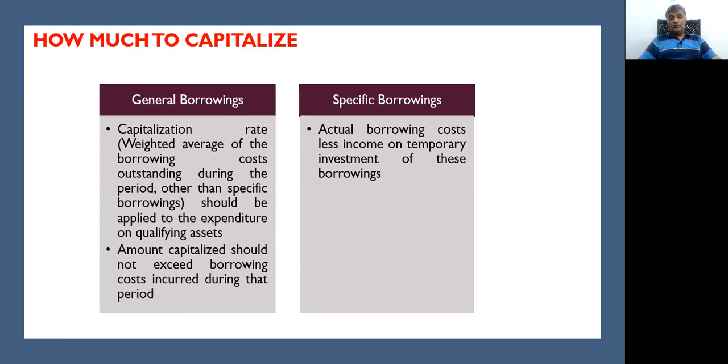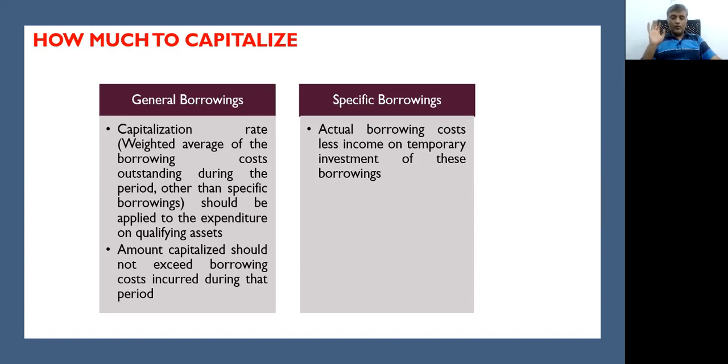Very important. So it's time to classify the borrowings into two types. One is generic borrowing, other is specific borrowing. So what is a generic borrowing? For example, you take 4 loans and you are not earmarking a particular loan to a particular asset, right?